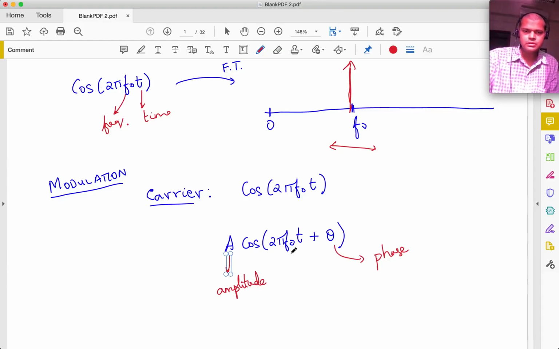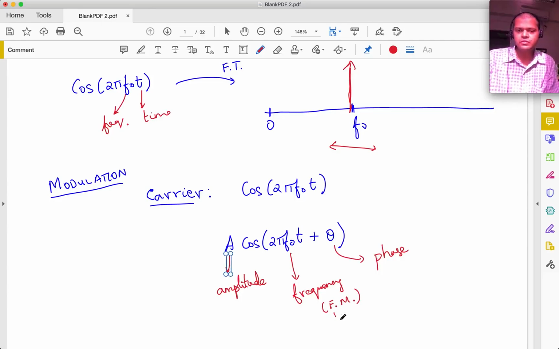It's also possible to change the frequency. So you can, for example, change this frequency itself to convey some information, and that is what is used in FM. So we won't be considering that, but FM stands for frequency modulation.